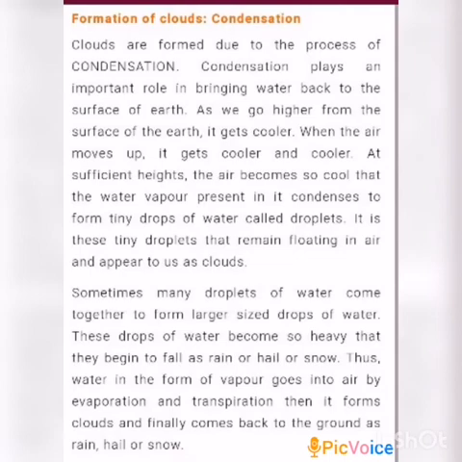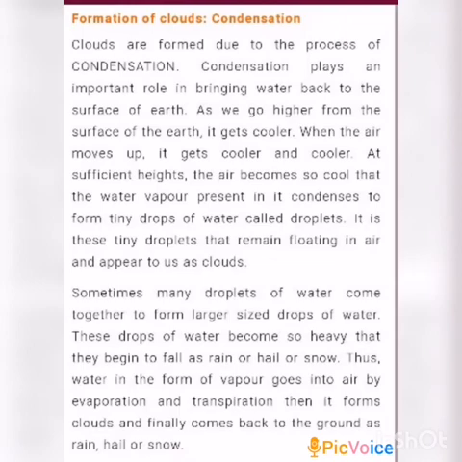Thus, water in the form of vapor goes into air by evaporation and transpiration. Then it forms clouds and finally comes back to the ground as rain, hail or snow. This is the water cycle. Do you understand, children? First, the water in the form of vapor goes into the air by evaporation and transpiration.